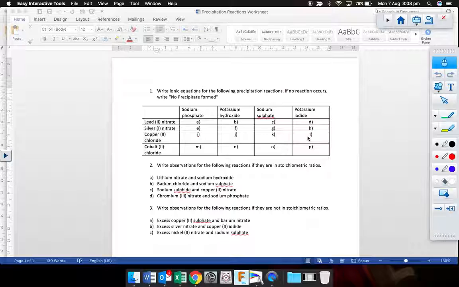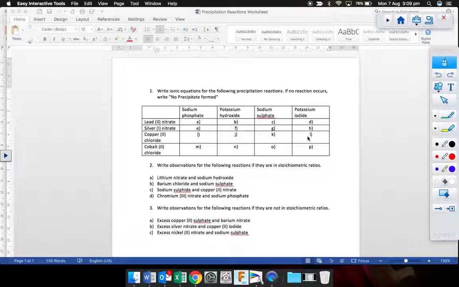Oh no, that's not going to work. No, that's not going to form something insoluble either. Let's pick something that does form something insoluble. Let's do copper hydroxide, which is insoluble. Alright, so let's do J instead.